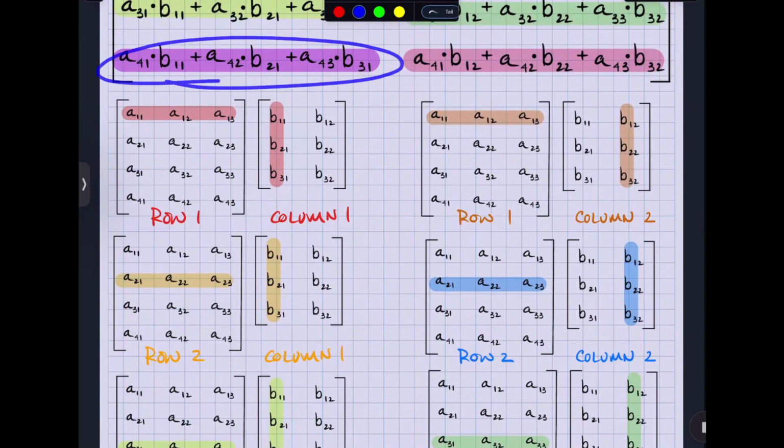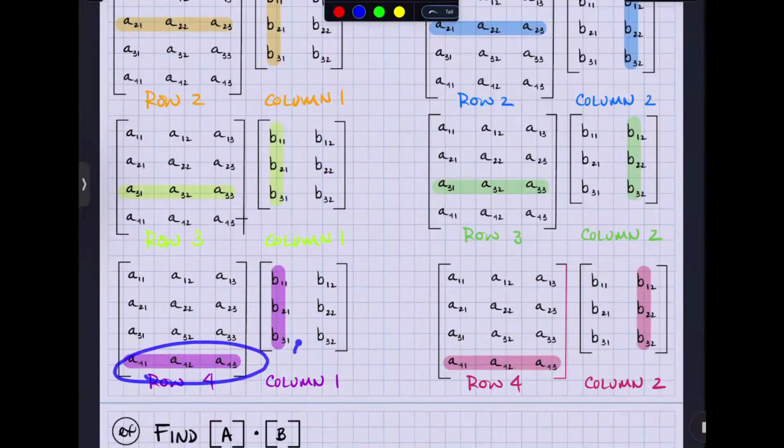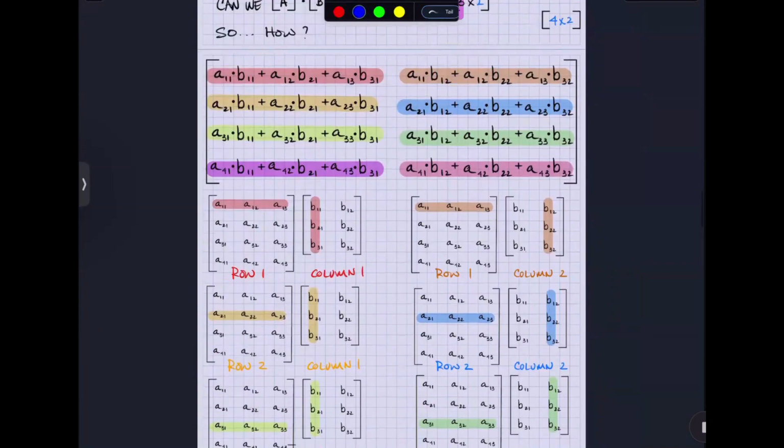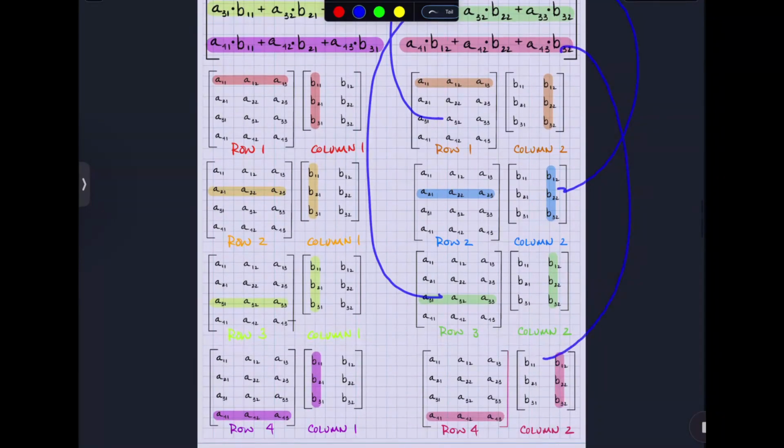A41, row 4, column 1. Right? So I made sure that what I highlighted here corresponds exactly here. Everything on the right is on the right side, everything on the left is on the left side. Is that fair? Okay?